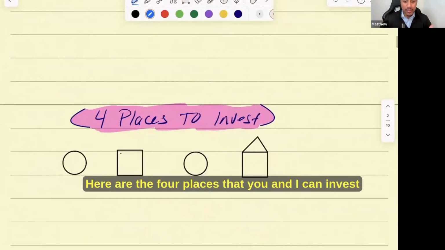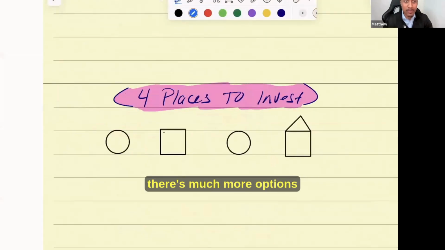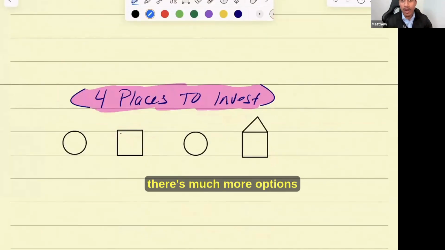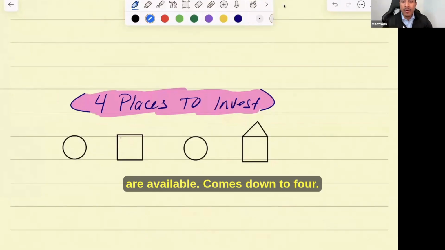Here are the 4 places that you and I can invest our money. Now, obviously, there are many more options than 4 that you and I can save or invest, of course, but it typically comes down to just 4 options that are available.